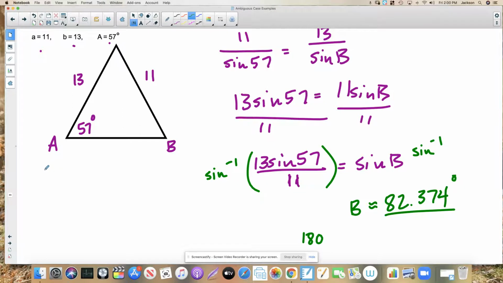So right now, solution number one, and you can tell by the title of this video, there's going to be two, but we don't know that at this point. But solution number one has the 57 degree angle. It has the 82.374 degree angle. And then the 40.626 degree angle, right?